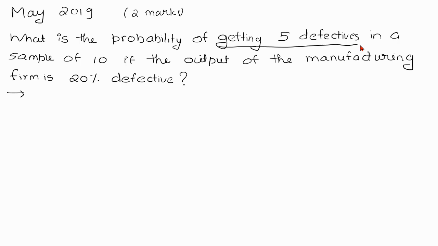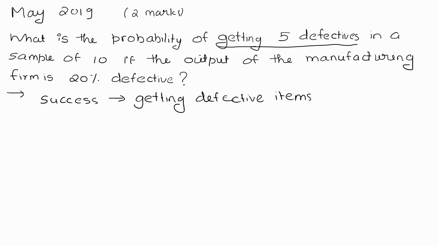Therefore, if I take my success to be getting defective items, then from a sample of 10, n equals 10, that is the number of trials. And r equals 5, the number of times I want this success, that is 5 defectives. So from this we know that this is a problem of binomial distribution.